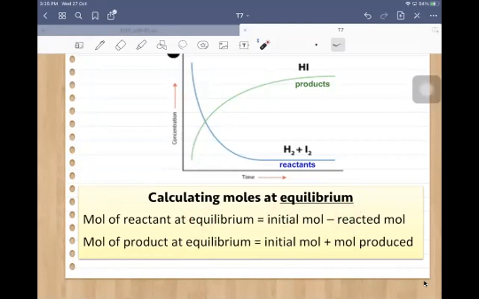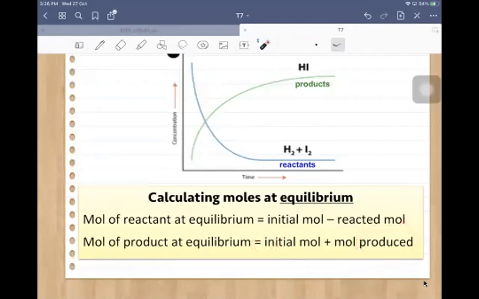What about the products? Most of the time, you will start at having 0 product. You don't have product at all. So the formula is, the mole of product at equilibrium is equal to initial plus how much has been actually produced.